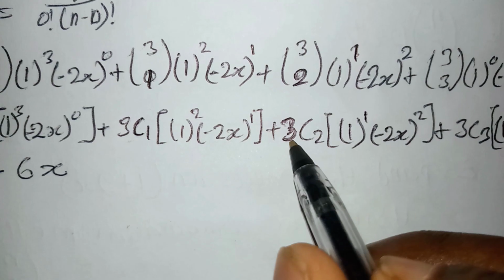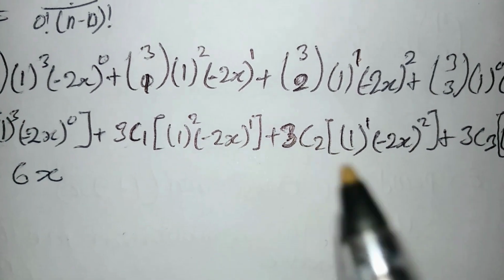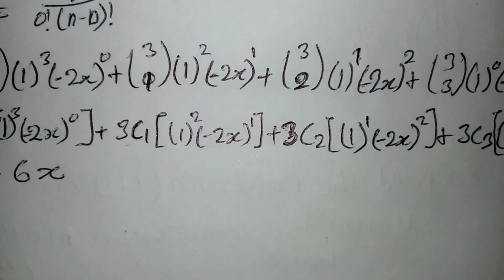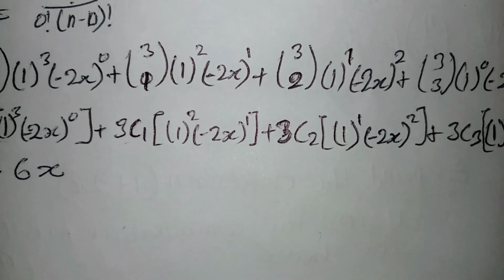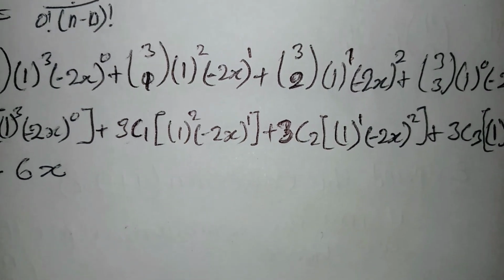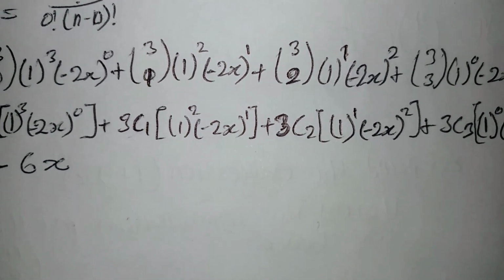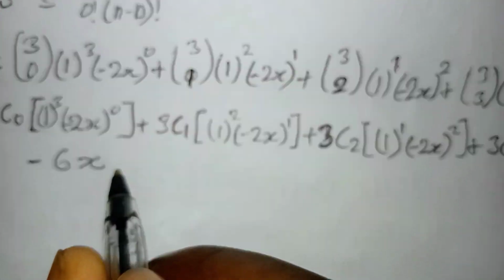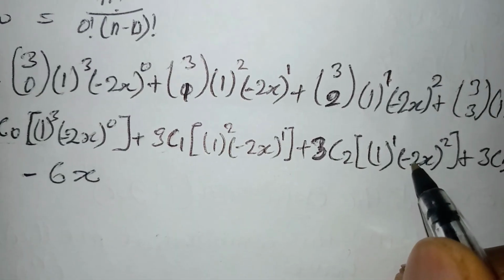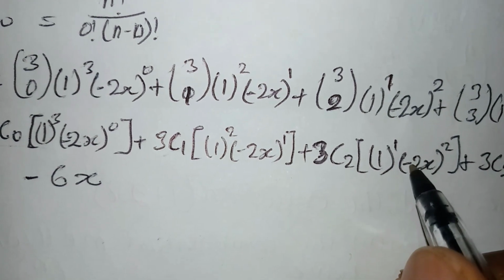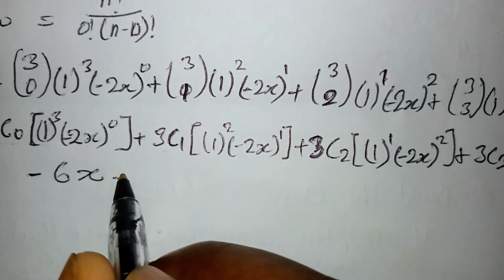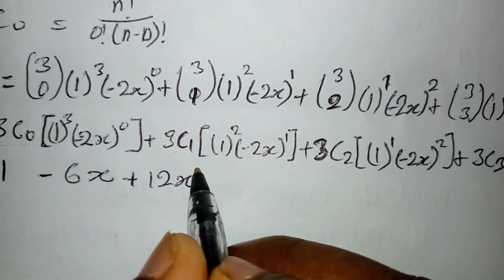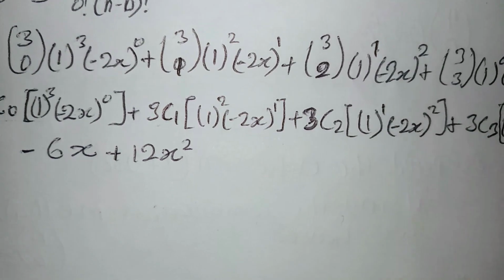The next term here, 3 combination 2, will also give you 3. So we have 3 times this term here, which will give you 4, and so that will be plus 12x exponent 2.